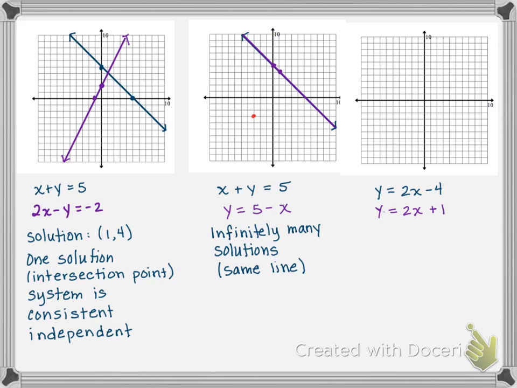Like here's a point, that's an ordered pair, right? It's not a solution to the system because it's not on the line at all. So when we say there's infinitely many solutions, what we mean is that if an ordered pair is a solution to one of those equations, it is also a solution to the other one. We don't mean that everything is a solution to the whole thing.